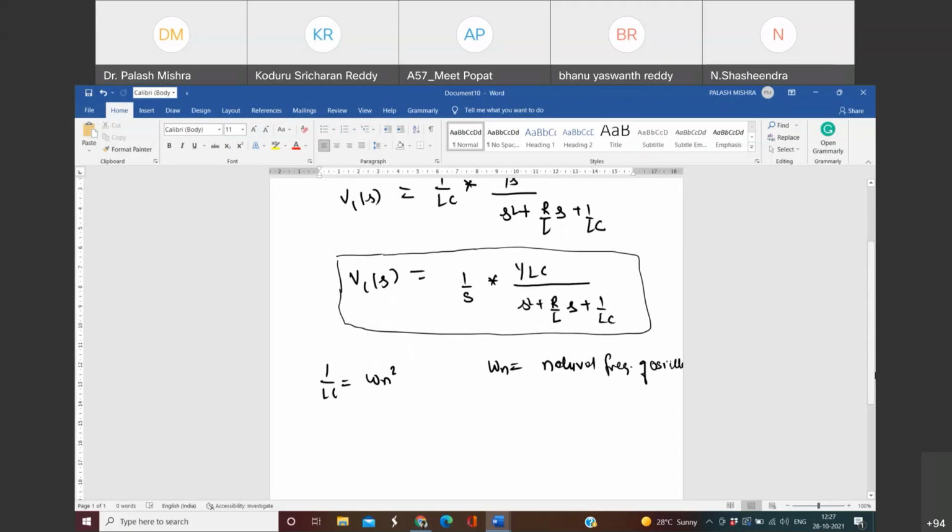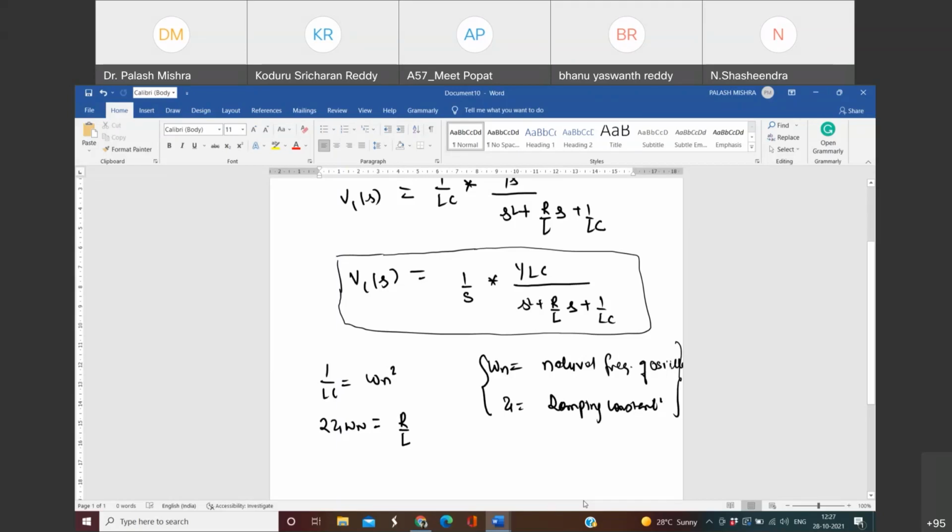And 2 times zeta omega n you can represent as R by L. That's just an assumption, that R by L is given by 2 zeta omega n, where zeta is known as the damping constant. You will get more details in your control system course, but for you it's just a simple notation, you can accept it like that.